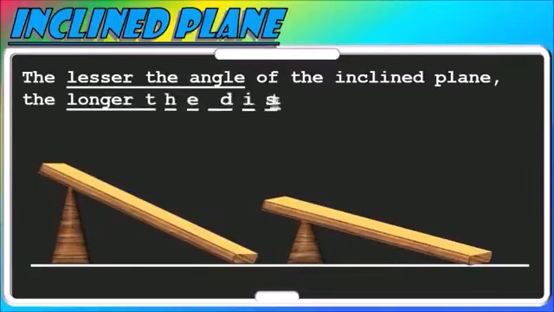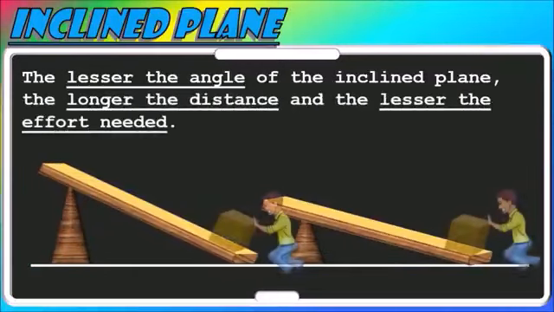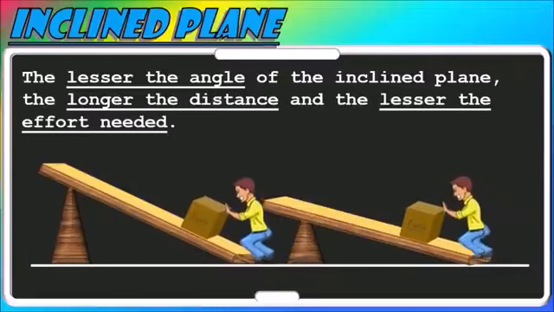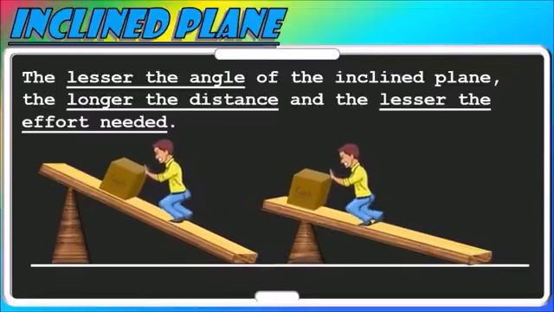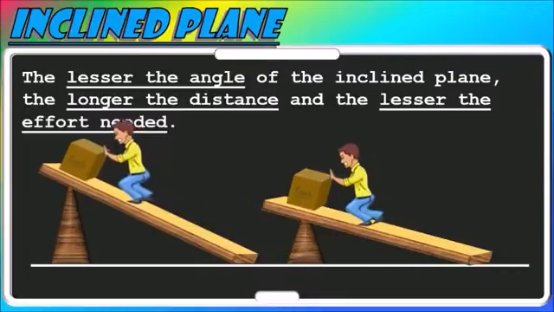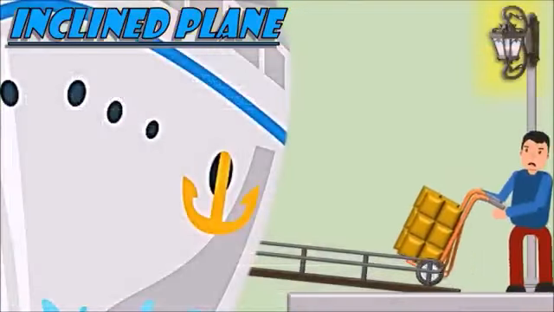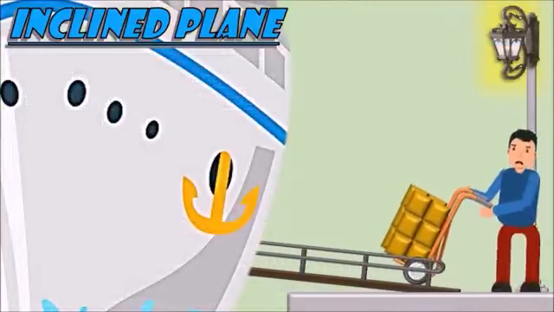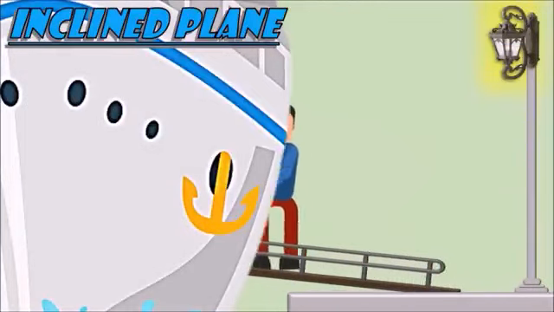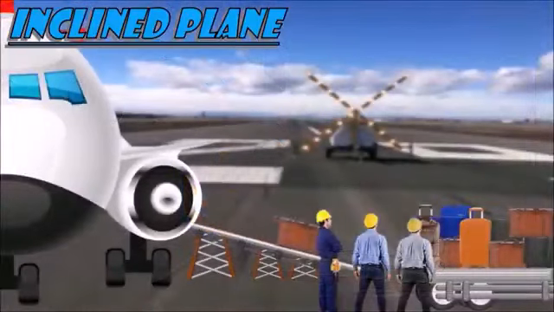Look at this diagram. The lesser the angle of the inclined plane, the longer the distance, and the lesser the effort needed. Inclined planes are widely used in the form of loading ramps to load and unload goods, for example, on ships, airplanes, and trucks.